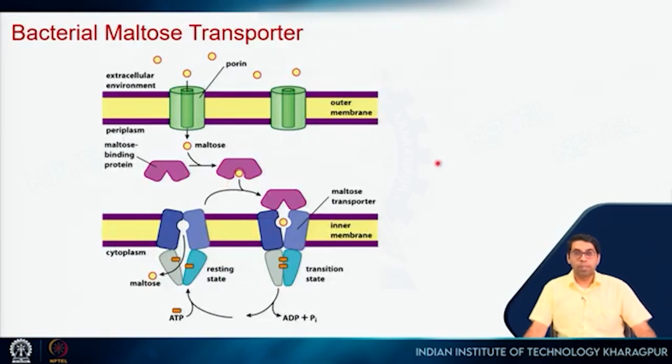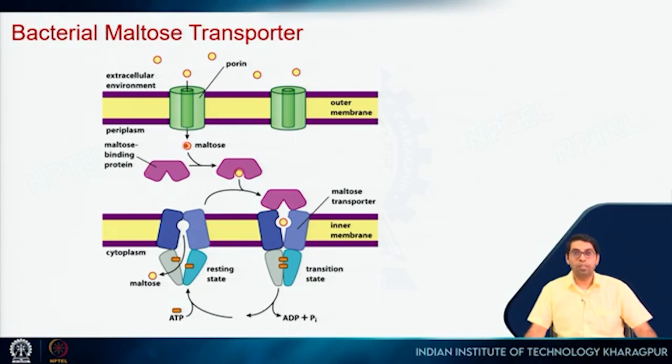This is another example where a sugar molecule, so this is maltose, is transferred into the bacterium. So again this is the outer membrane and this is the molecule that we have already seen. This is porin. So porin will allow all sorts of ions and molecules inside the periplasmic space, right. So this is the periplasm.